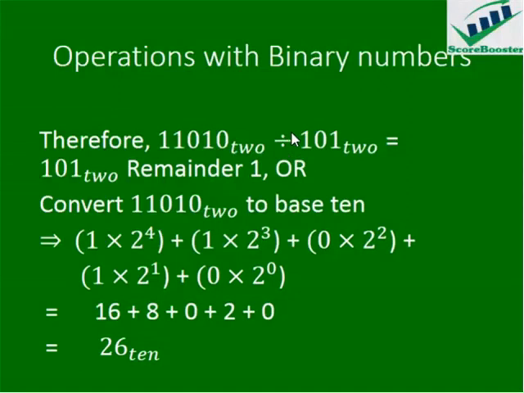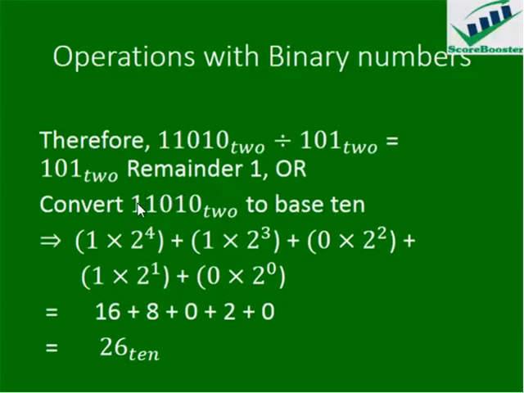So now let's start that. You should have been taught how to convert from base 2 to base 10. If you want to convert from base 2 to base 10, you write the powers of your base, which is 2 here, starting from 0: 0, 1, 2, 3, 4.